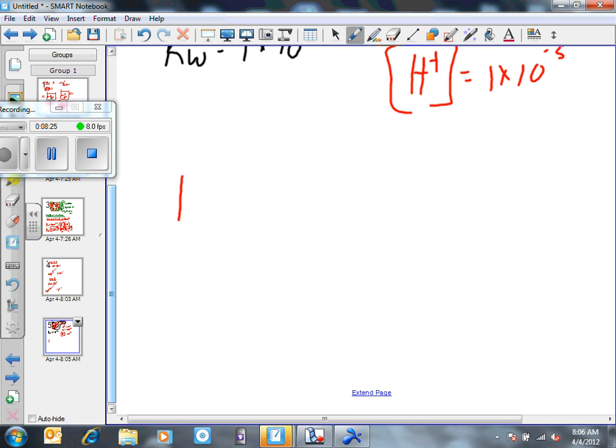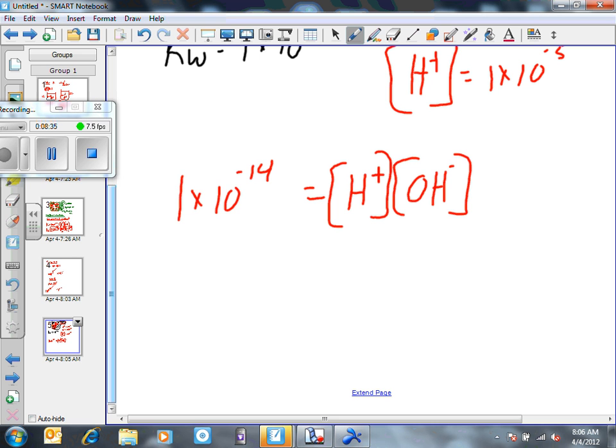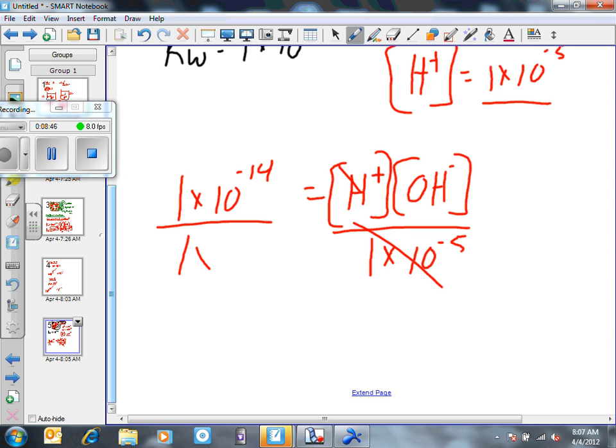Well, 1 times 10 to the negative 14th is the constant. That equals the protons multiplied by the hydroxide ions. And so in this case, I have 1 times 10 to the negative 5th, which cancels out, to divide this side by 1 times 10 to the negative 5th. And I find out that my hydroxide ion concentration then is 1 times 10 to the negative 9th.